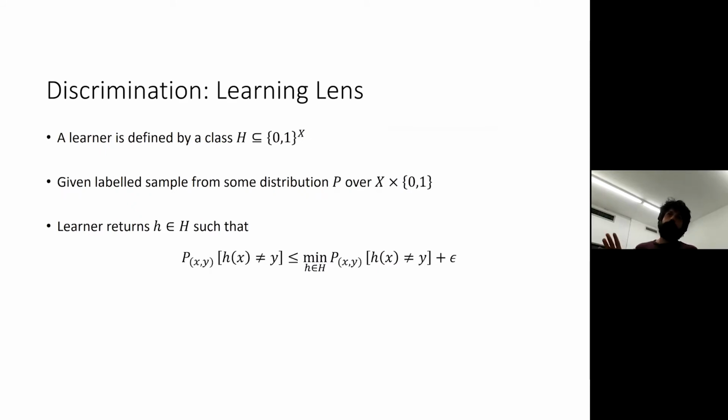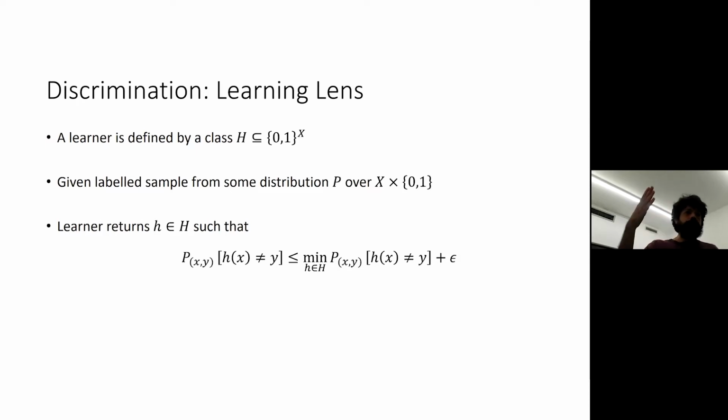And one natural way to look at this problem, and this is how it is usually addressed, is to think of it as a learning problem. So what do I mean here by learning? We're going to look at the classical PAC model, or some variant of it, where you have a learner that is defined by some class of hypotheses, or concepts, as Amir said, and you're given a labeled sample from some distribution.